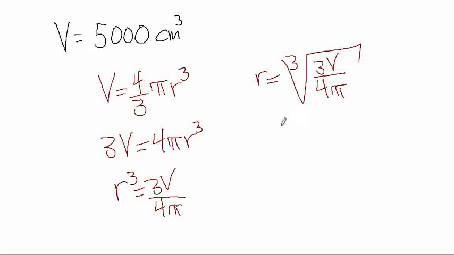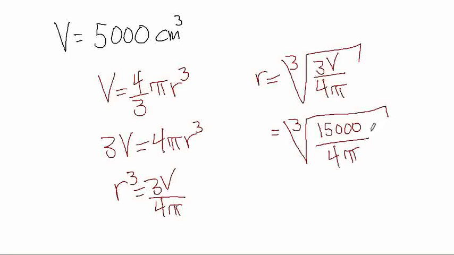Now let me substitute 5,000 for V. So 3V is 3 times 5,000, which is 15,000, divided by 4 pi. 15,000 divided by 4: 4 goes into 15 3 times with a remainder of 3. 4 goes into 30 7 times with a remainder of 2. 4 goes into 20 5 times.